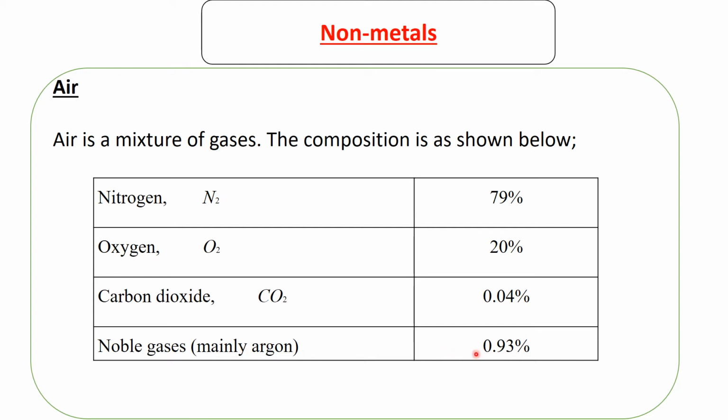They make about 0.93%. Among these noble gases, the main one is argon. So this is what makes up air, and that's it. There's nothing more on air.